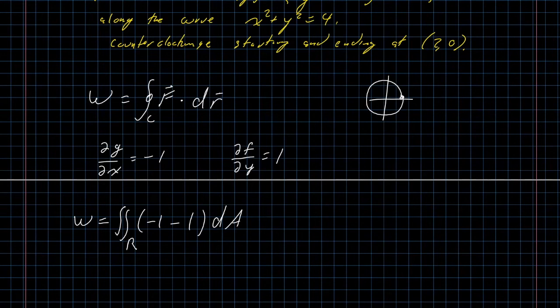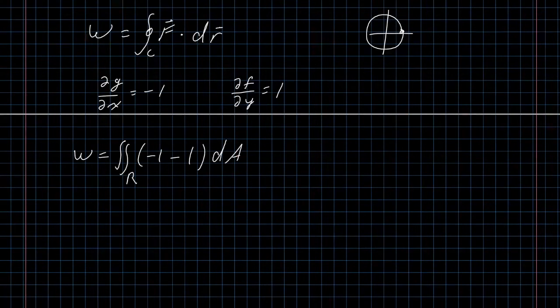This is a circular region, so I could go the polar coordinates route, but look at this, even more convenient. The integral of the area of a region over the entire region is the area of the region. We can actually do this integral without doing any calculus whatsoever.